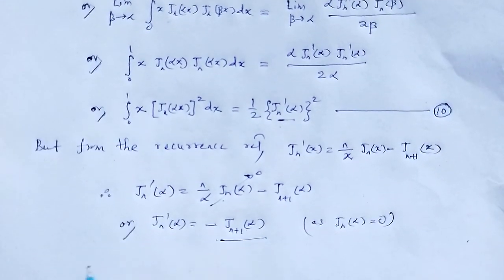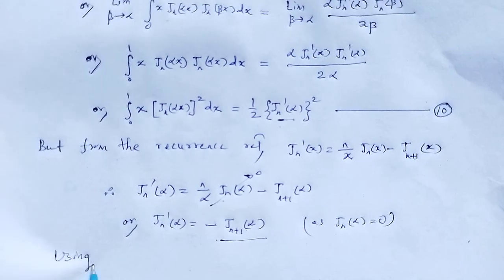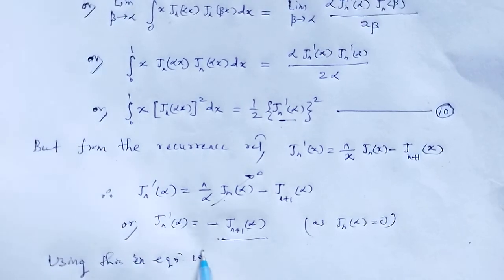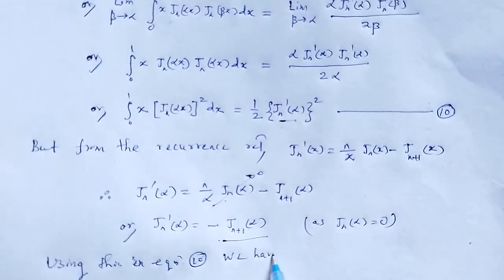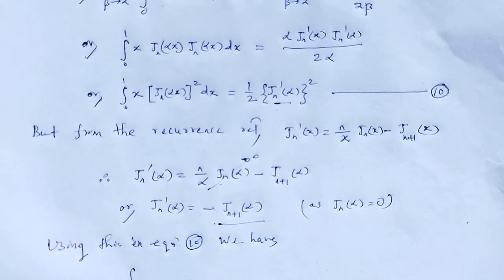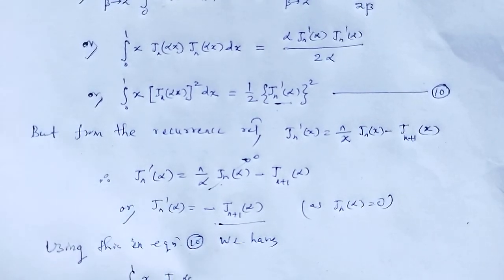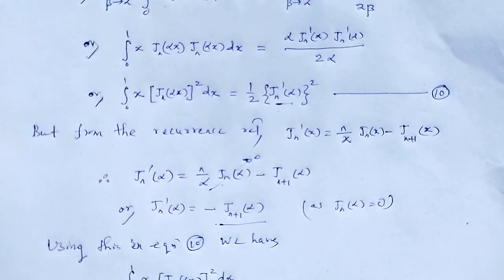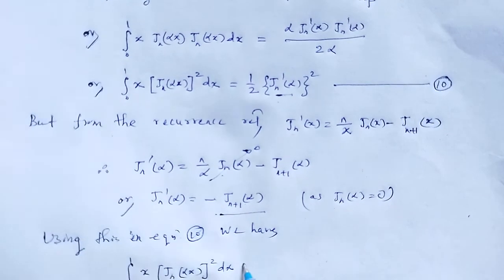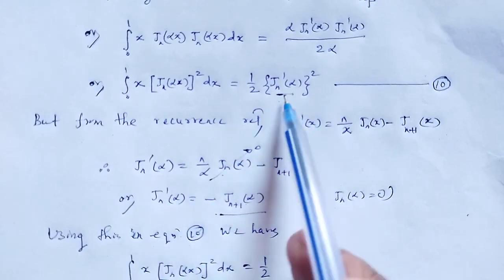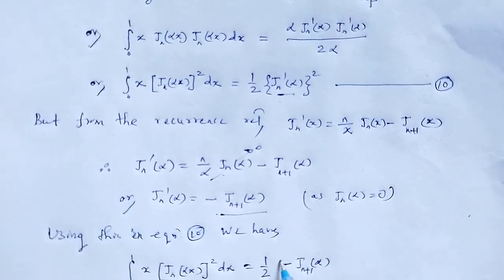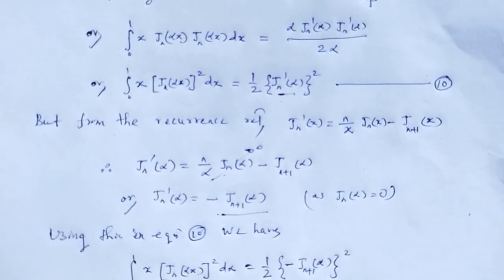Using this in equation number 10 we have, integration from 0 to 1 x Jn alpha x square dx is equal to half, in place of Jn dash alpha I use minus Jn plus 1 alpha square.